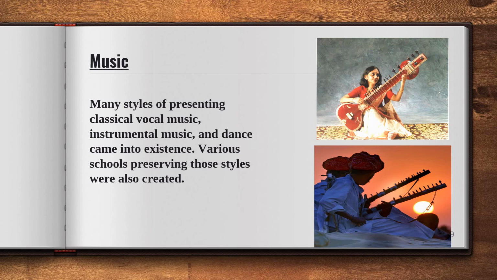As a result, many styles of presenting classical vocal music, instrumental music, and dance came into existence. Various schools preserving those styles were also created. Our music was influenced by the different rulers who ruled over India in the past.